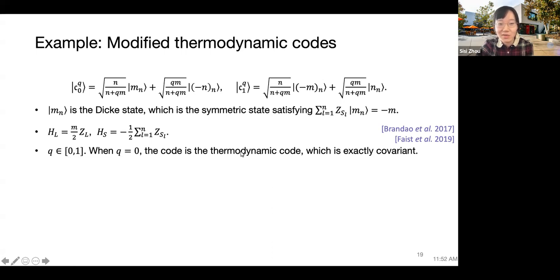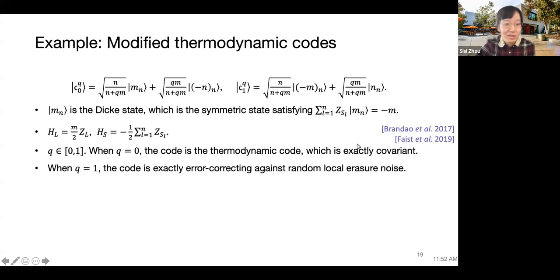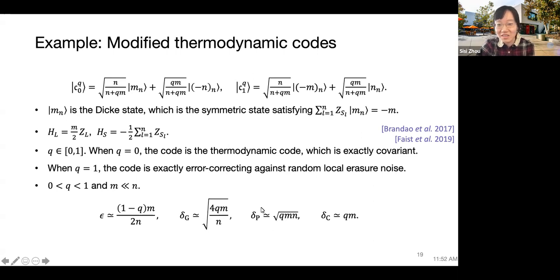When Q is 0, the code is exactly the thermodynamic code, which is exactly covariant. But when Q is 1, it is exactly error correcting. So by going from Q equal to 0 to Q equal to 1, we can have a smooth transition from the exactly covariant code to the exactly error correcting code against random local erasure noise.